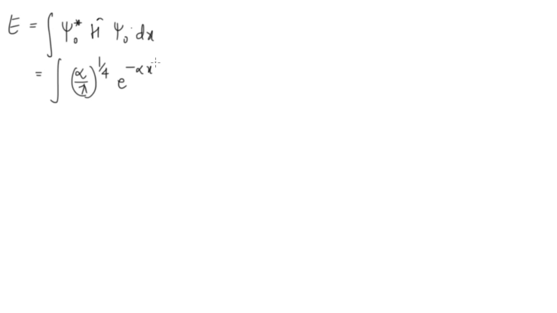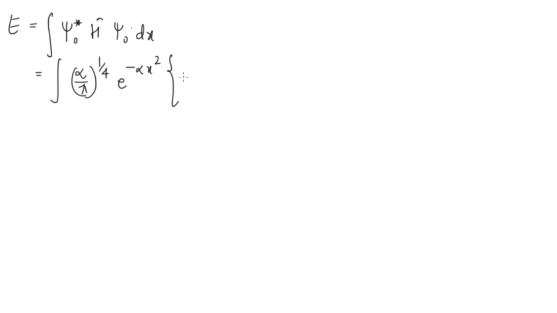So we have got this, that our E is equal to the integration of psi naught star, then we have H, and we have psi naught dx, right? This was our value, and we have to now substitute all the values of psi naught star, psi naught and H. So what we are going to get is alpha by pi whole to the power 1 by 4 and e to the power minus alpha x square.